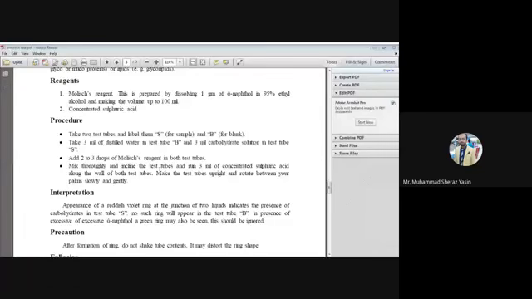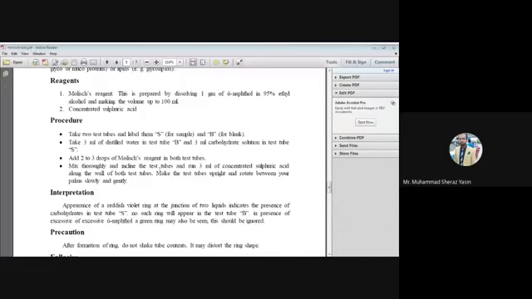First of all, you will take two test tubes and you will label one test tube as sample. It will be labeled as S. And the second test tube you will label as blank, simply B for blank.